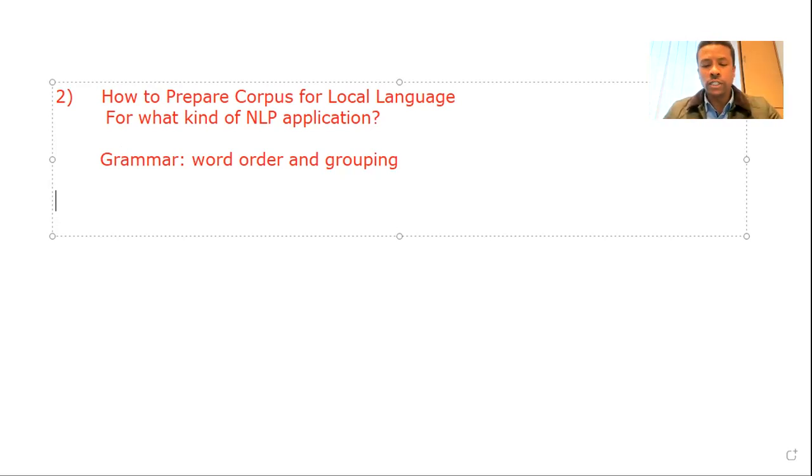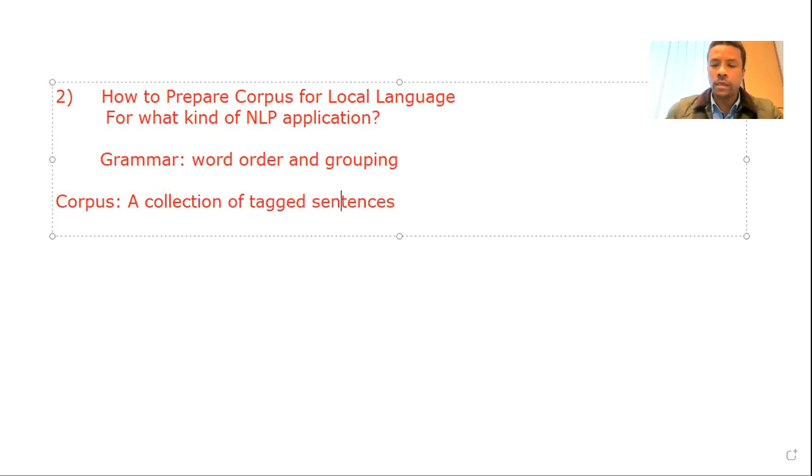Now, in this case, whenever you want to learn word order and grouping, you need to have a corpus. If you have to develop a corpus for a machine learning algorithm, what you're going to have is a collection of tagged sentences. The tag is going to be part of speech tagged sentences.